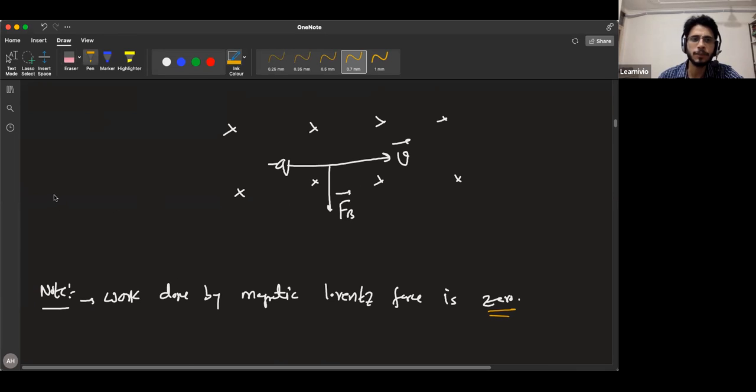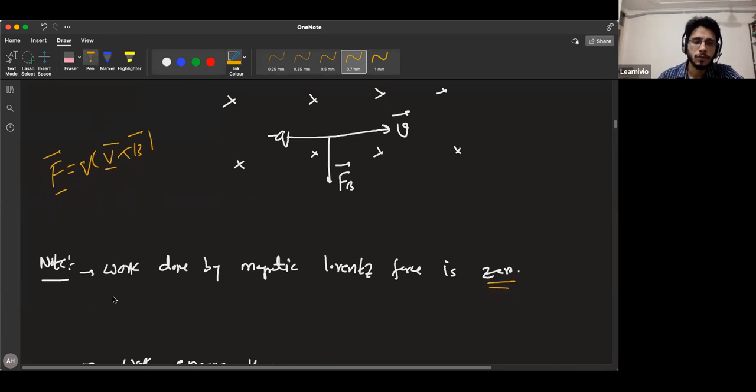If I write F is qV cross B, what is the angle between V and F? 90 degrees. Since it is a cross product, F is perpendicular to V.